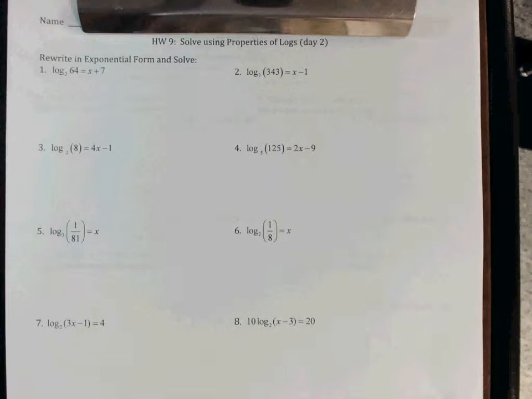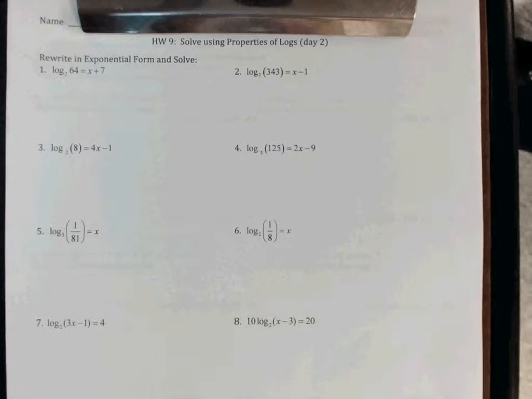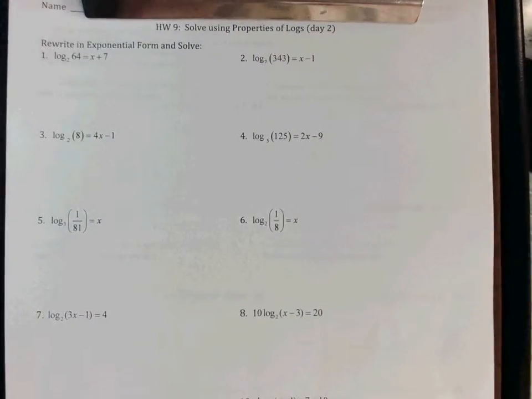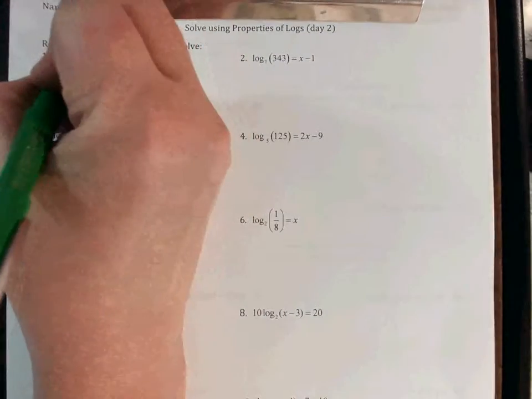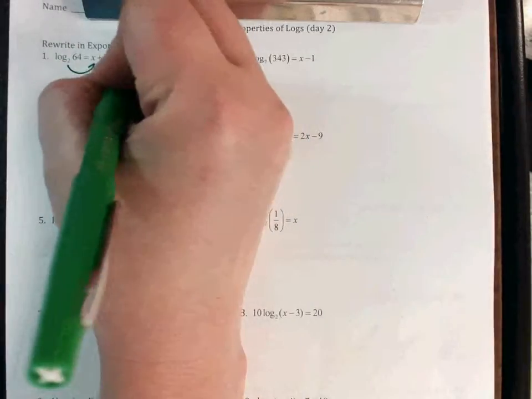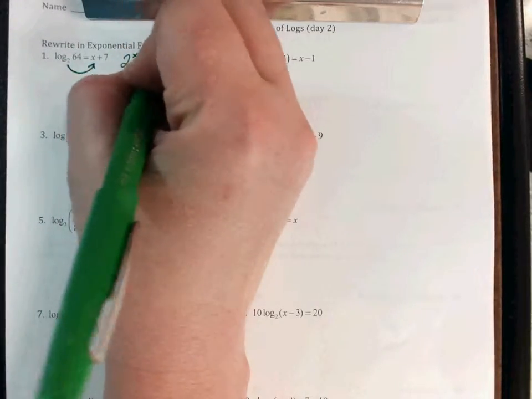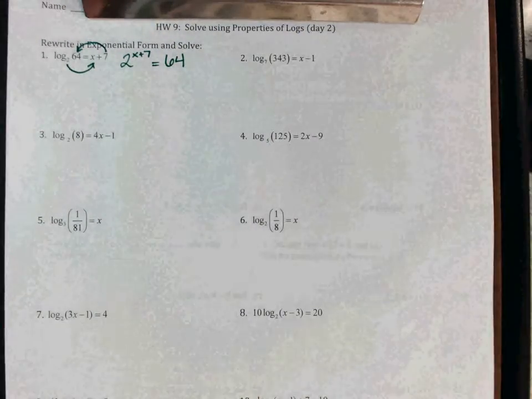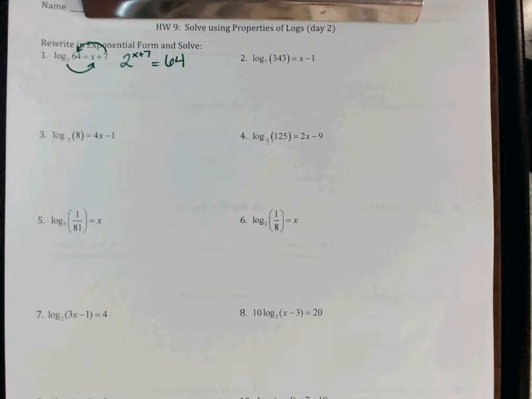Going down the left-hand side, number 1: what would my loop give me if I put that in exponential form? 2 up to the x plus 7, and then bring it back around equals 64. Do you remember doing this? Then I would convert 64 into a base 2.